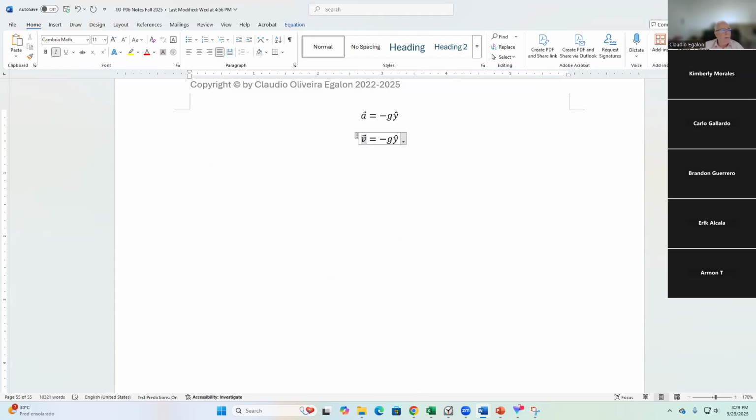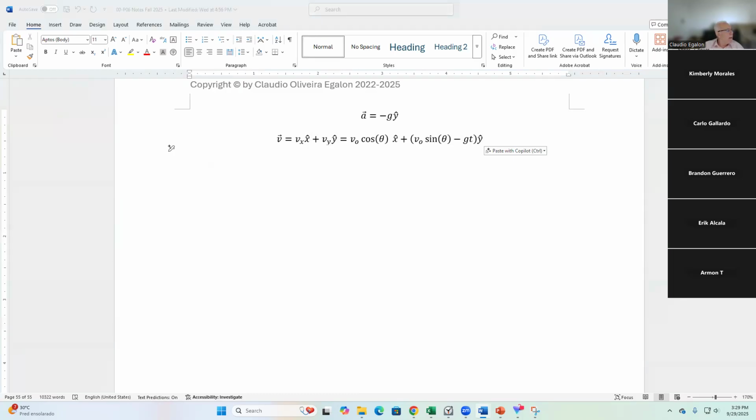V, right? Vx x hat, Vy y hat: V naught cosine of theta x hat, V naught sine of theta minus gt y hat.